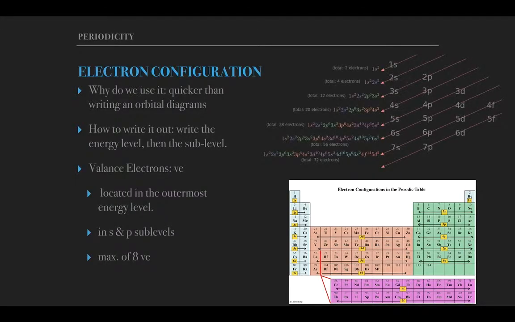Electron configuration is quicker than writing down an orbital diagram for elements. Orbital diagrams include arrows, which can get a little messy and unorganized. To write down electron configuration, you write the energy level and the letter for each sublevel, and the number of electrons is in the exponent. The picture to your top right shows the order you write the energy levels.